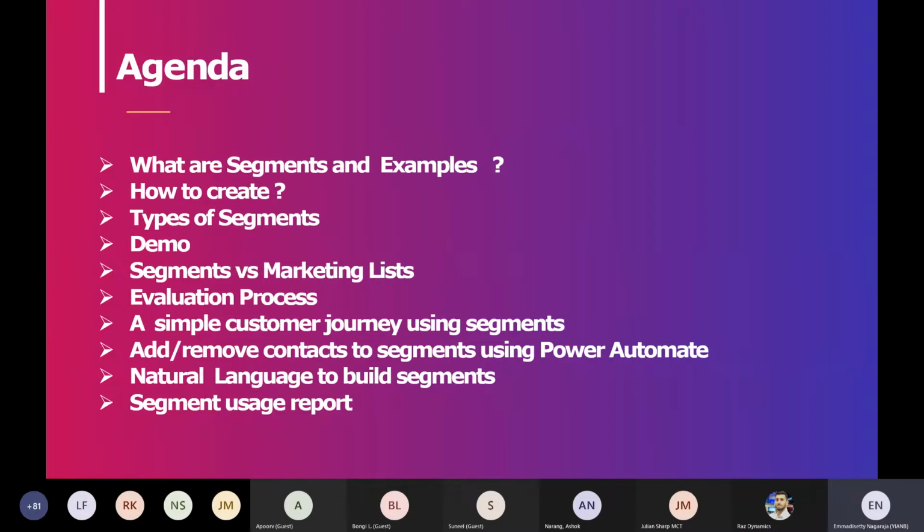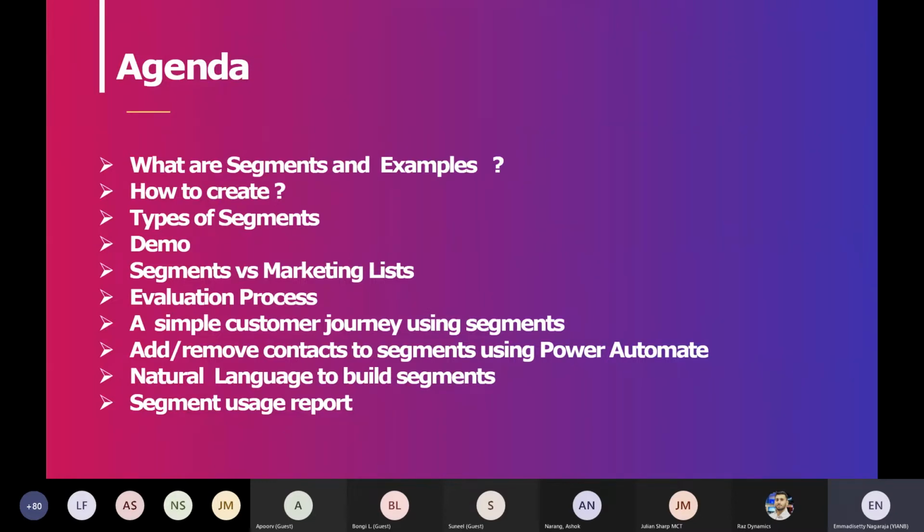We will see the difference between both of them, and then the evaluation process of segments, how the segments are evaluated in Dynamic 365 marketing. Evaluation is nothing but how the membership is updated.